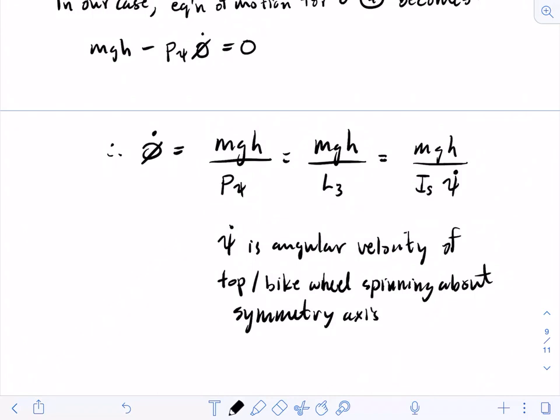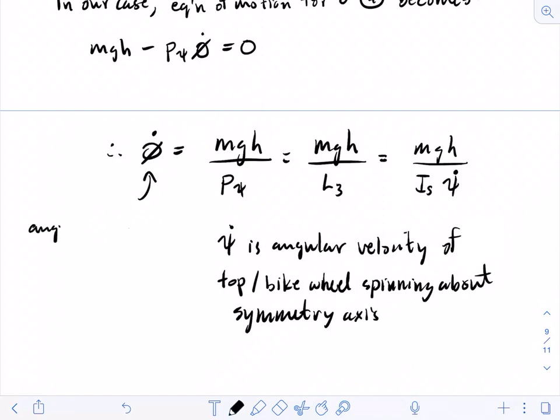Okay, so what that tells you is that this is the precession angular frequency. Let's write this in a more clear way.